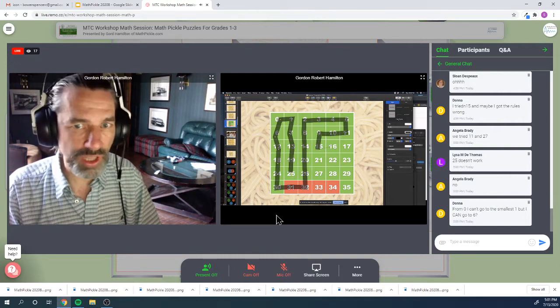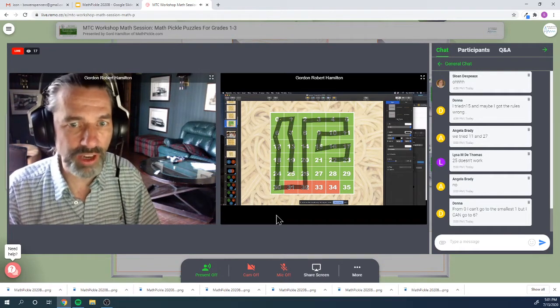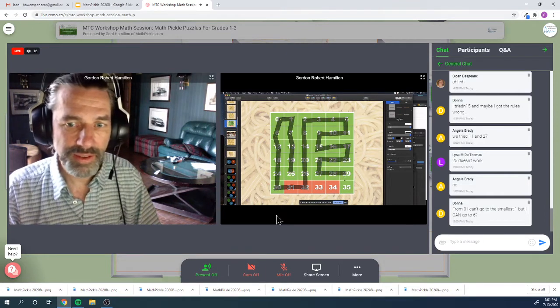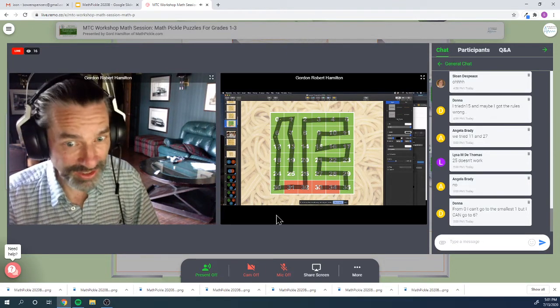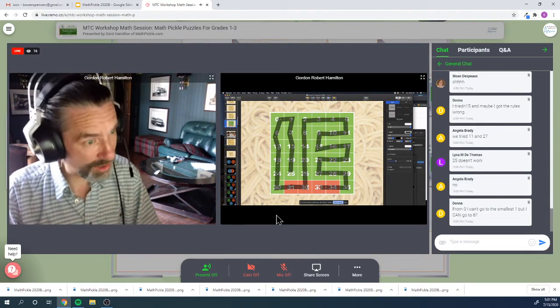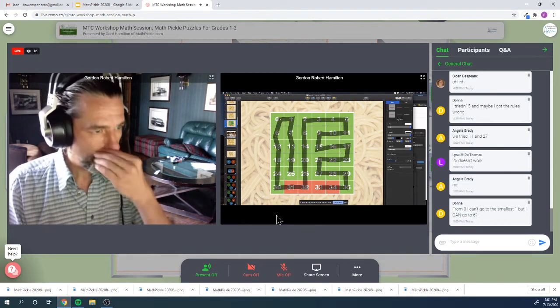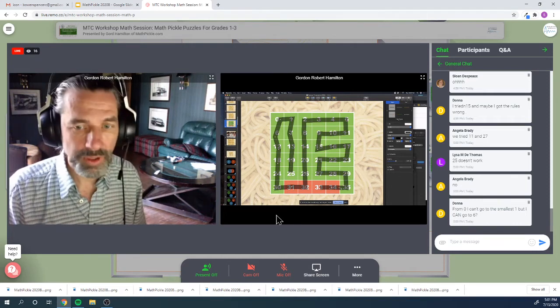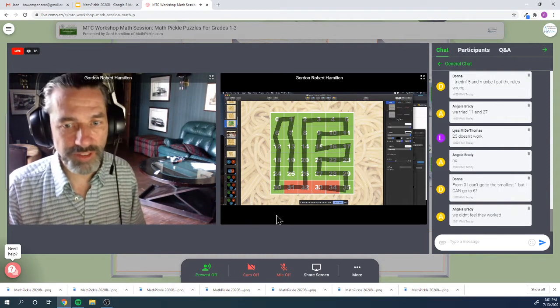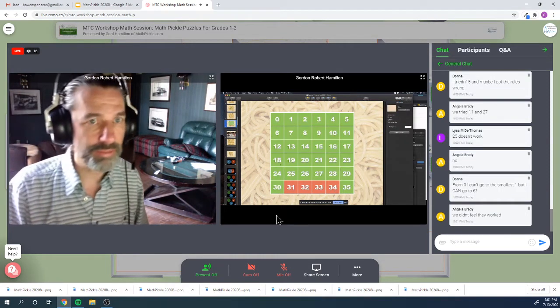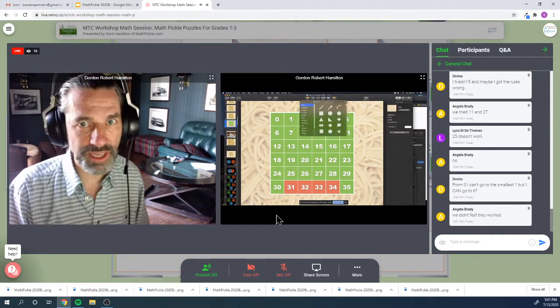Each time choosing the smallest number that you have not visited yet. And I think the 25 actually does work. So 25 should be green, and it is green. So we've made the right color choice for that.